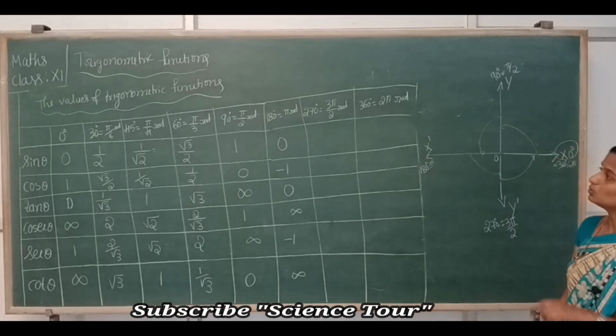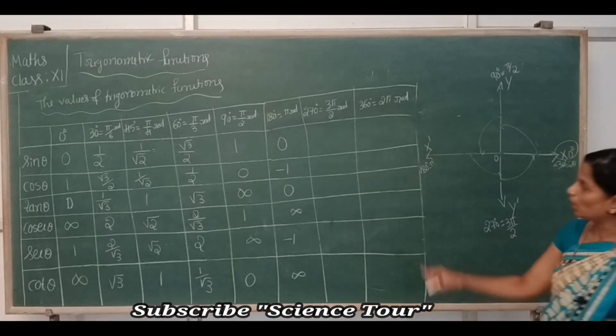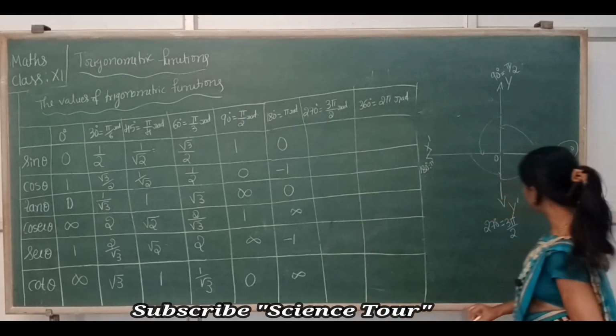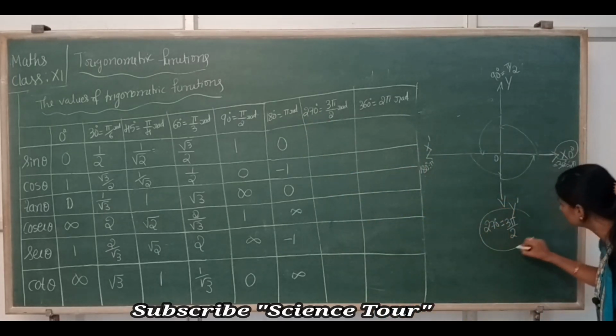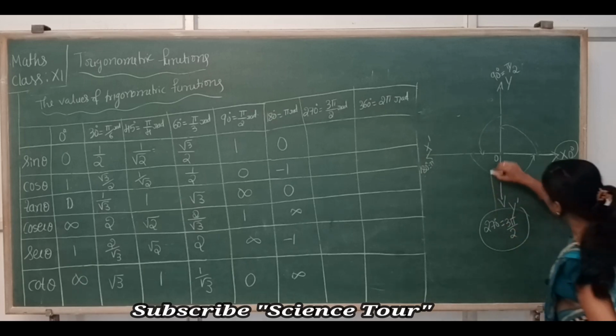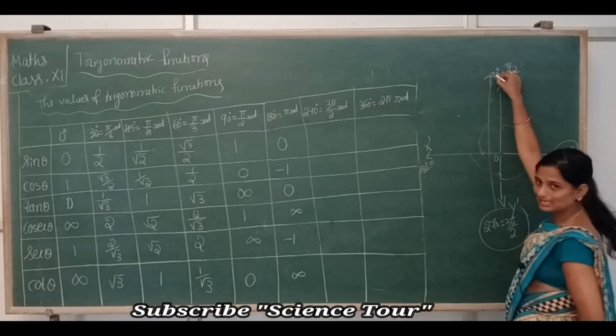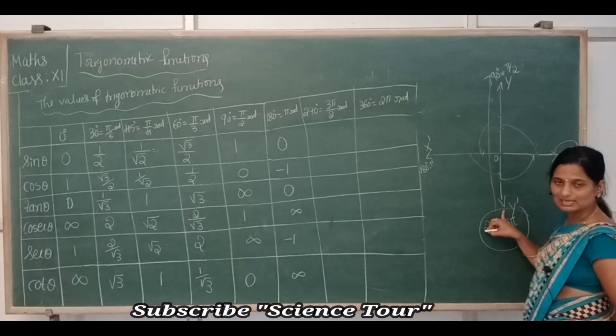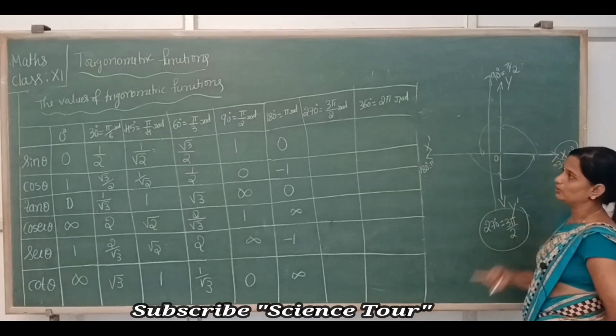Now next, 270 degrees. What I told, how to take 270 degrees? Where is that 270 degrees? 270 degrees is here. Means whatever values pi by 2, 90 takes, the same value but it is on the negative y-axis, so it takes a negative value.